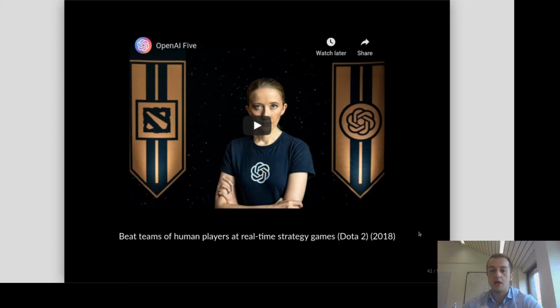You have to take actions at all time steps, basically, so it can range from 60 to a couple of hundred actions per minute. And then you have many units that you have to control, an economy to manage, and so on, all of these things together in order to beat your opponent. So this is a very complicated game by itself, but again, now we have AI systems that are able to beat the best human players.